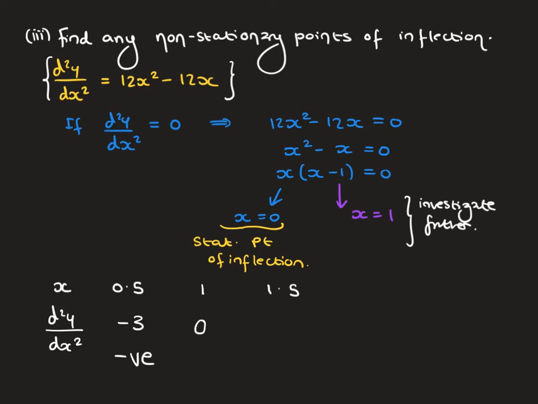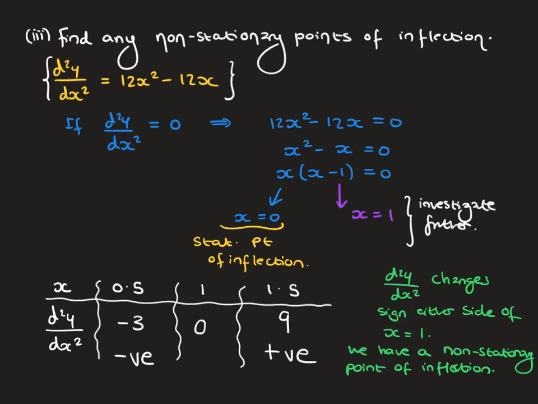And at x equals 1.5 the second derivative is equal to 9, so it is indeed positive. So we can see that d2y by dx squared changes sign either side of x equals 1. So we have a non-stationary point of inflection at x equals 1. Now we could also have solved the inequalities created from d2y by dx squared being set greater than 0 or less than 0 to obtain this result as well.